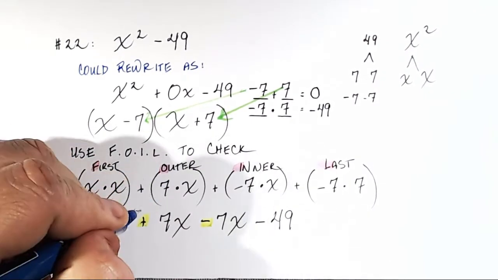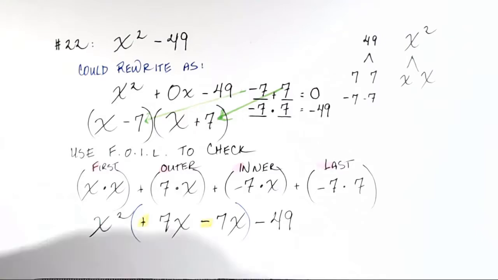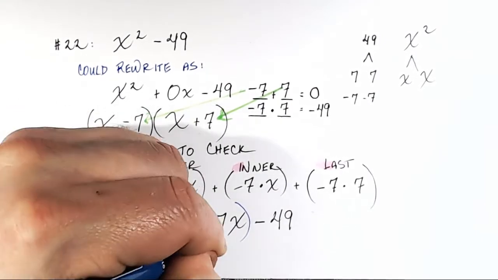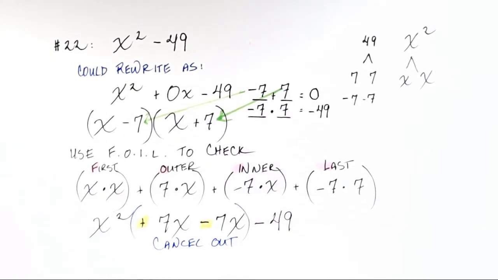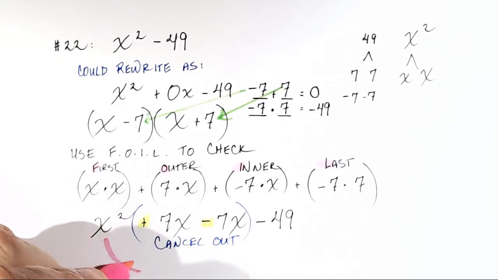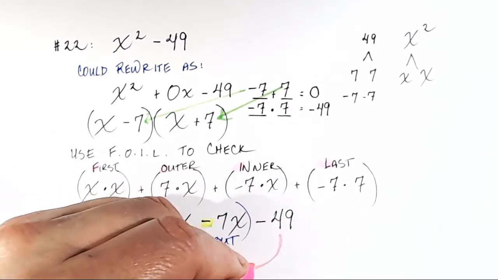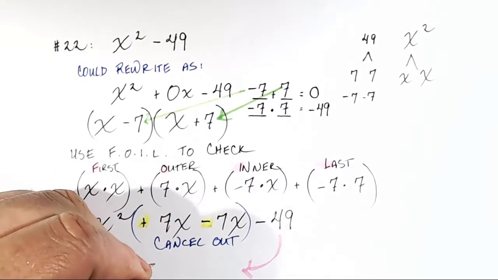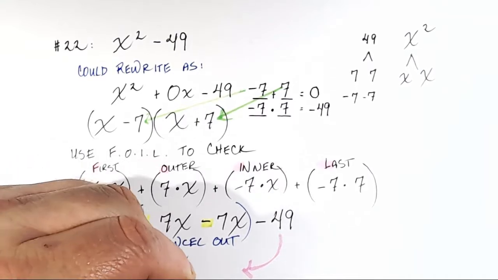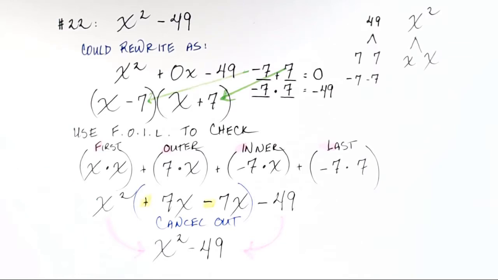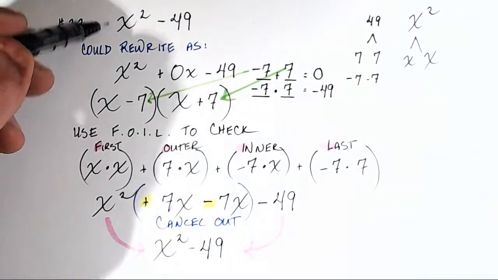Okay, so take these terms here in the middle. These cancel out. And all that you're left with at the end is x squared minus 49, which confirms back to the same.